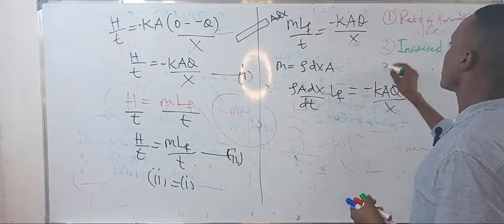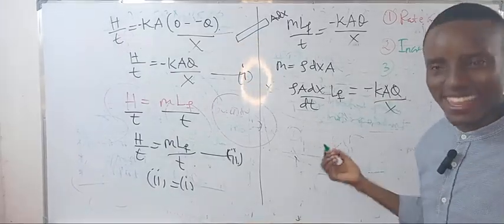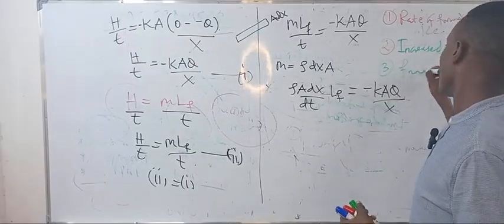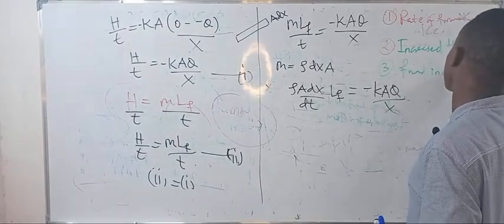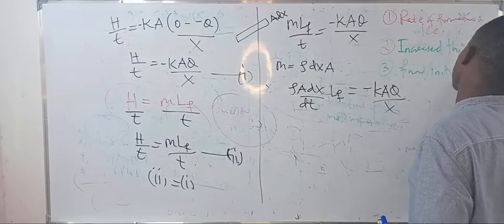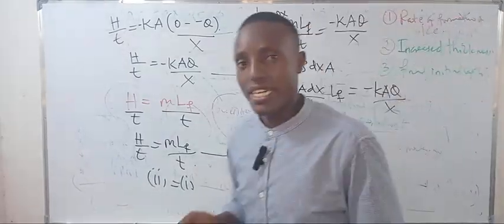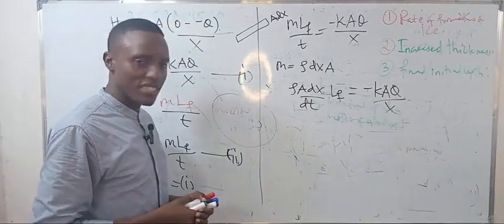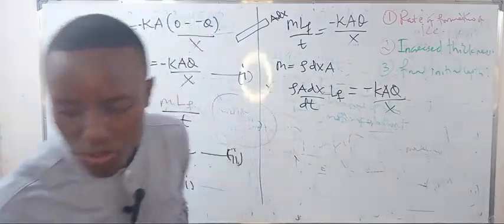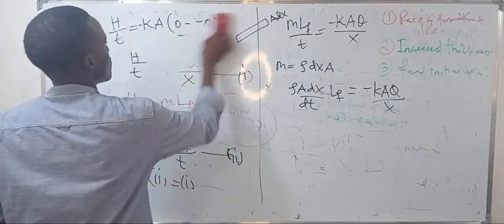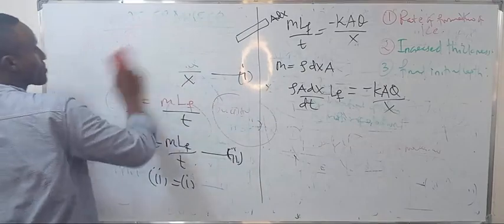And finally, they ask you the final or initial length. Let me be clear here: three questions can be asked. The first thing is about the formation of ice. Let's discuss the formation of ice.